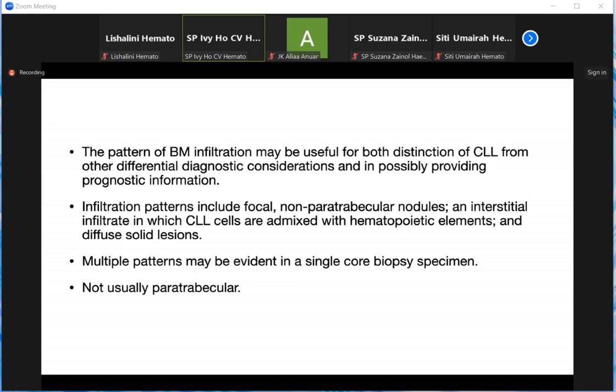Or sometimes they can come in a diffuse, jam-packed pattern if there's extensive involvement of the marrow. Sometimes in one single core biopsy, you can appreciate multiple patterns. And again, I want to stress that they are usually not paratrabecular in distribution.